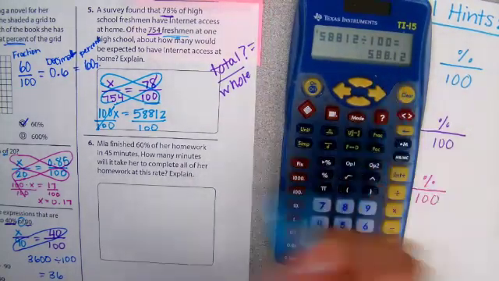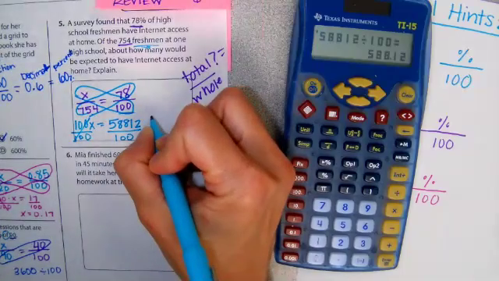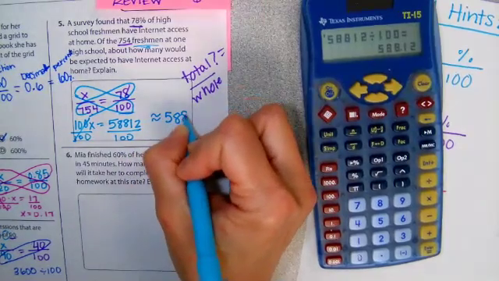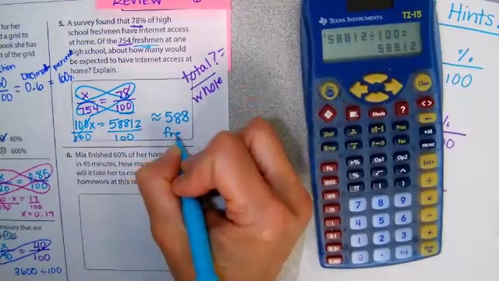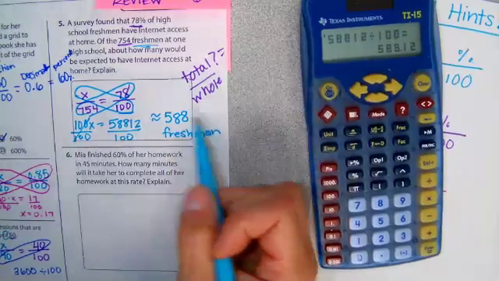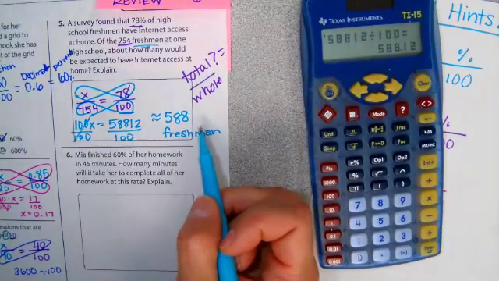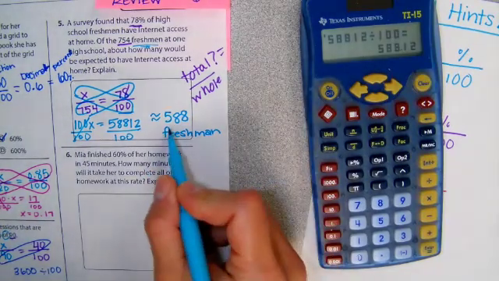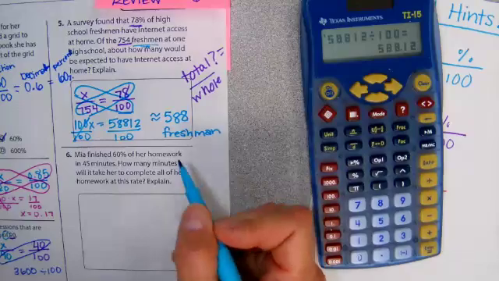So we're going to round that to about, and this is the symbol for about, 588 freshmen. Now, depending on what kind of test you're taking, it might say round it to the nearest 100. Then it would be about 600 freshmen if we're rounding to the nearest 100.